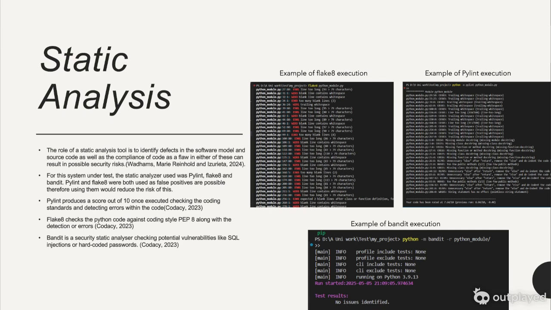Pylint produces a score out of 10 on your code compliance and detecting errors. Flake8 checks the Python code against coding style PEP8 along with the detection of errors, and Bandit is a security static analyzer checking potential vulnerabilities like SQL injections or hard-coded passwords.